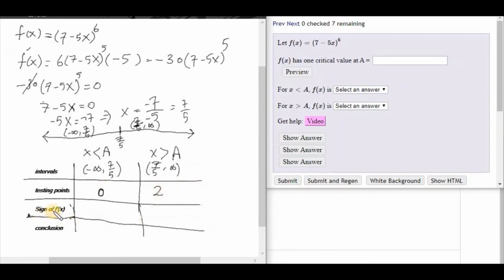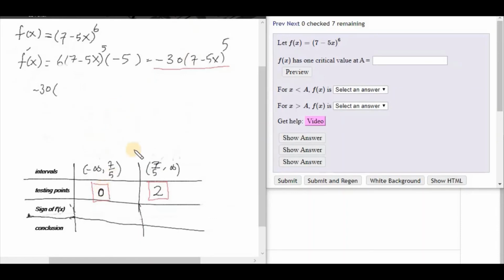Now we need to find the sign of the derivative function. So we're going to plug the testing value into the derivative function. Here is the derivative function. We need to plug the testing values into the derivative function and see the sign of the derivative function. So I'm going to erase this mess and do the work here.